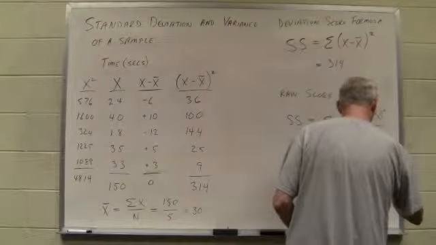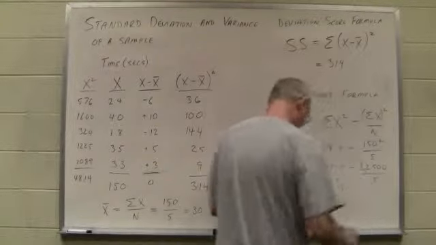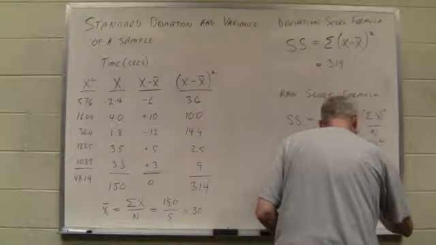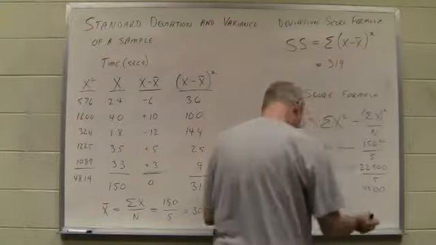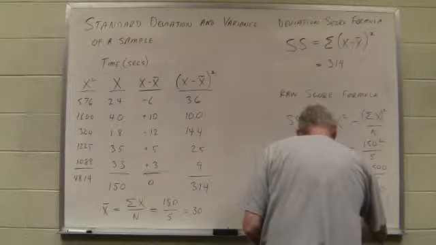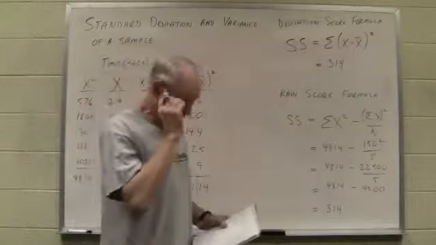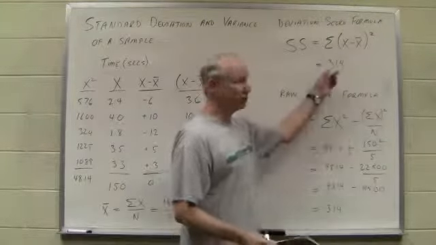Doing the division gives us 4,500. And then just simply doing that subtraction leaves us with, thankfully, 314. It does come out the same, or at least within rounding error of what you get using the other formula.